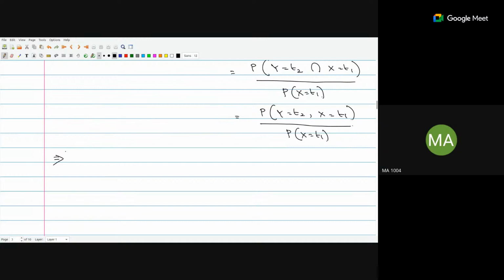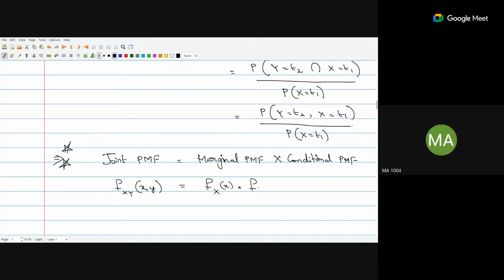That is, the joint PMF can be written as the product of the marginal and the conditional PMF. What it says is that f_XY can be written as f_X of x times f_Y given X equal to x.